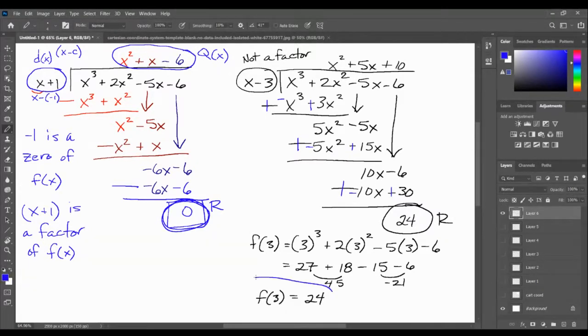Look at that. F of 3 is the remainder you get when you divide by x minus 3. And it will always be that way. Always. So if I did f of negative 1 up here, I would get 0. We did f of 3 and we got 24. We got that remainder. It's always going to work that way. So sometimes it's nice to do the division instead of plugging the number into the polynomial like this.